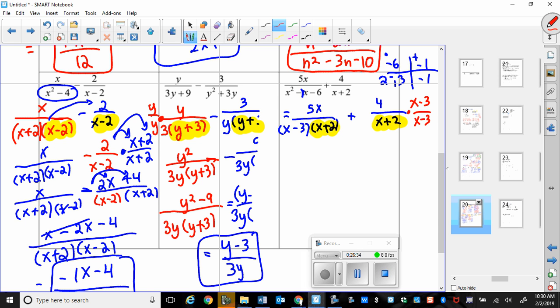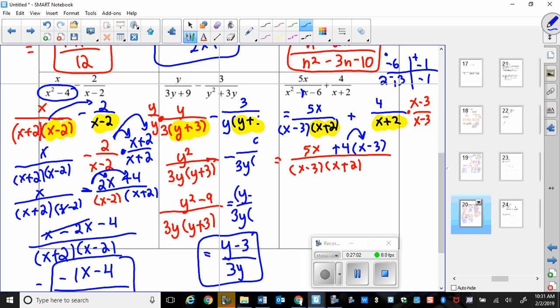Now, I don't do anything else to the left, so I'm just going to combine 5x, and I can put these together now. X minus 3 on the bottom times x plus 2. And then on the top, I have positive 4 times the quantity x minus 3. So I have to do a little bit of distribution here.